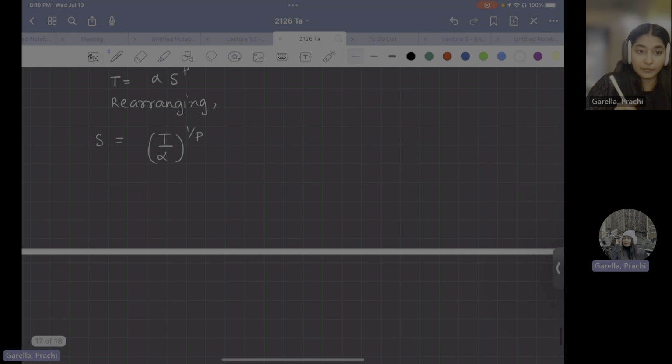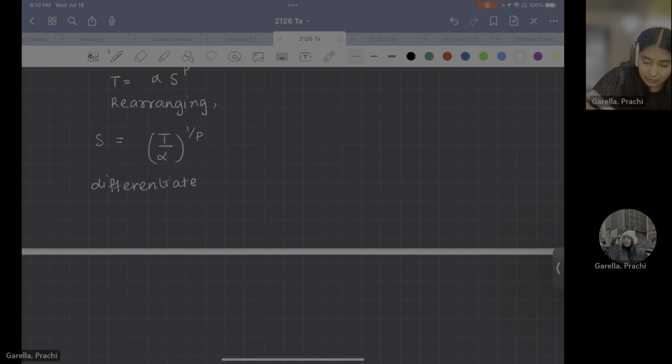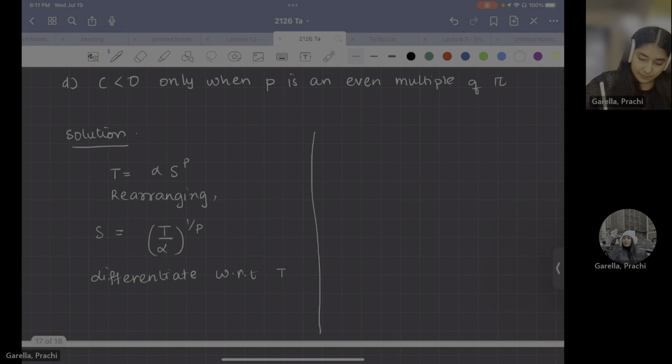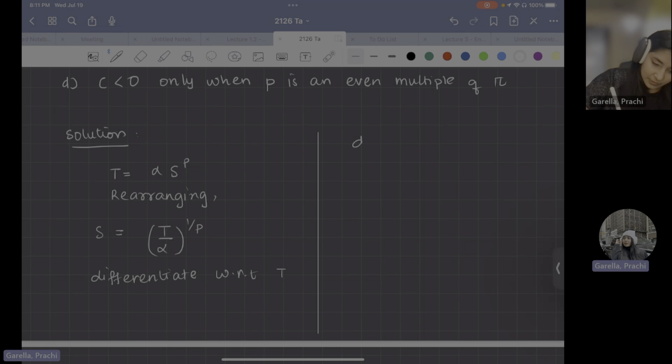Okay. Now, if we differentiate this expression with respect to T, we get dS over dT equals P over alpha, T over alpha to the power 1 over P minus 1.